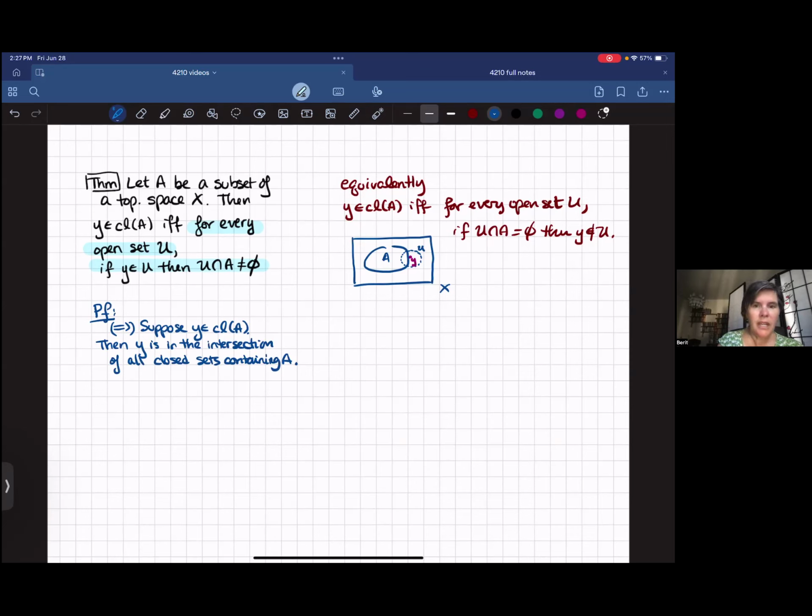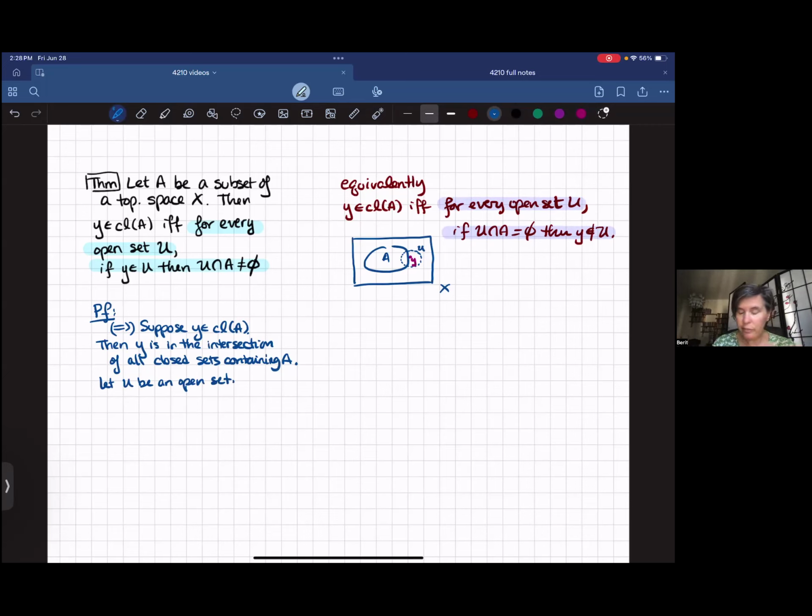Okay? Now we want to prove this property in blue, or we might want to prove the equivalent contrapositive form of it that I'll highlight over here in purple. Either way, the thing that we want to prove starts with an arbitrary open set U. So let U be an open set.